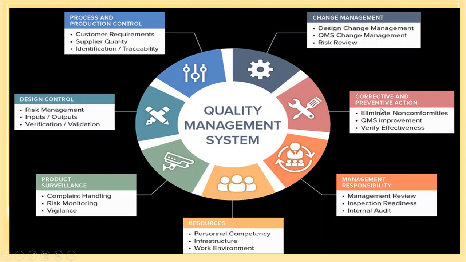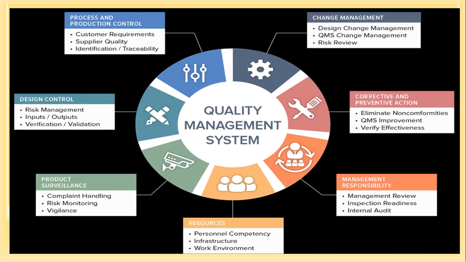They eliminate non-conformities, make QMS improvements, and verify the effectiveness now and then. They fix the management responsibilities. They have the management reviews, inspection readiness, and internal audit. So internal audit will be there to look at how the process is going on at each and every stage. And once there needs to be some correction, they carry it out immediately.